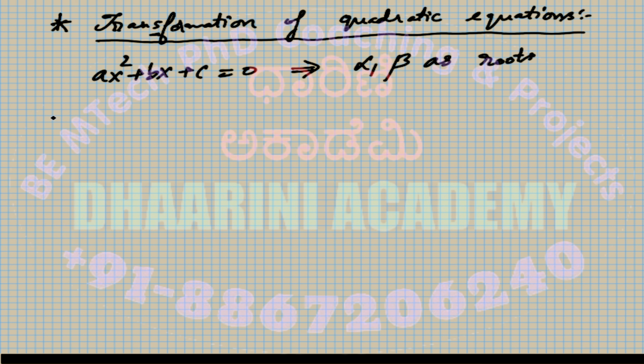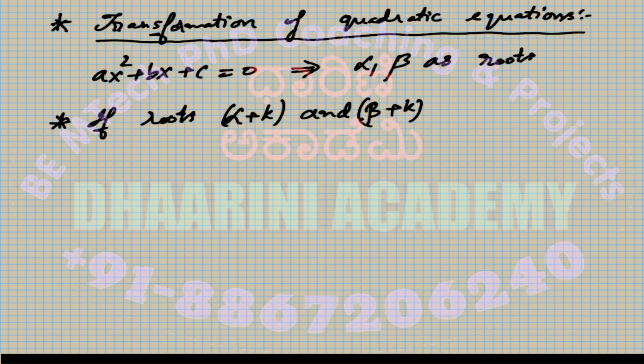Now I want to write the equation with new roots. So if I want to change the roots as alpha plus a constant k, and beta plus some constant k, right?